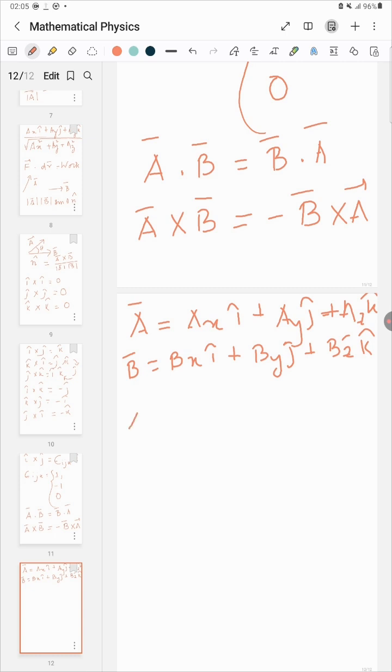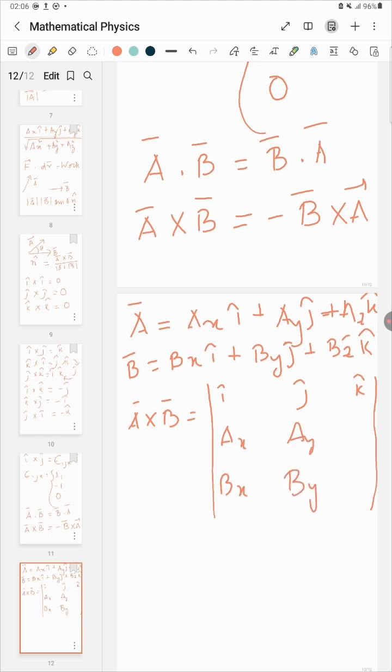Nothing, but just what we do is write A cross B equals a determinant with i cap, j cap, k cap in the first row, and then write the coefficient of i cap: Ax and Bx. What is the coefficient of j cap? Ay and By. And the coefficient of k cap? Az and Bz.